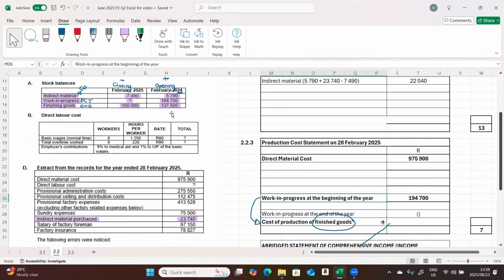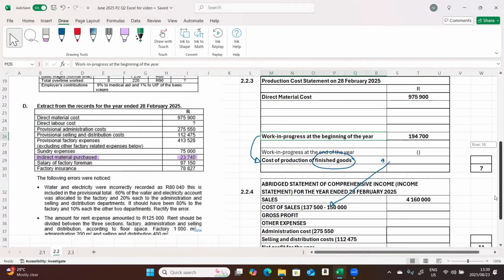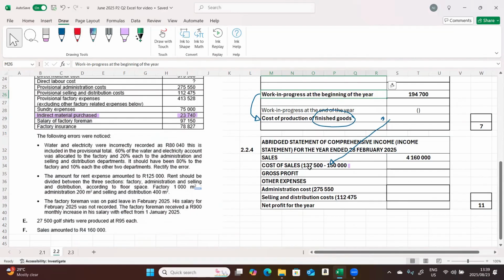This is what we have available to sell. It goes to cost of sales. This is the cost of manufacturing our golf shirts. Perfect. So that is why we have to add, once again, the opening balance and subtract the closing balance and bring the cost of production of our finished goods.